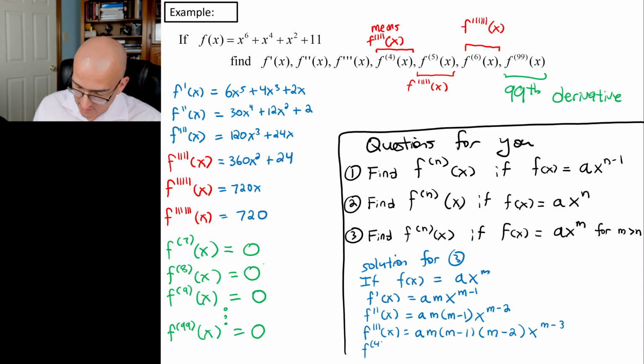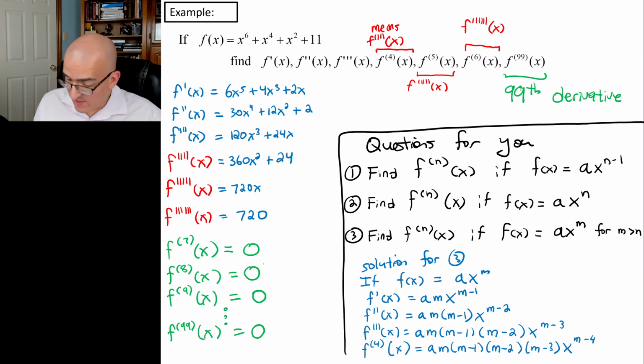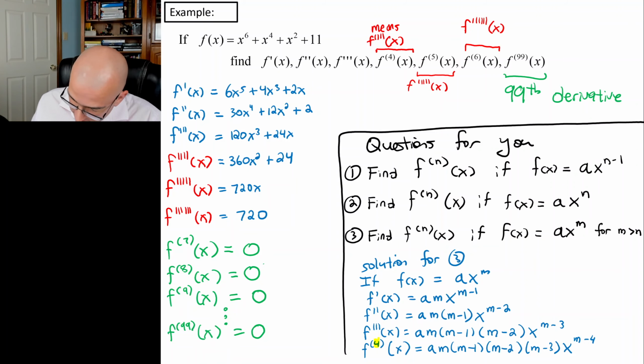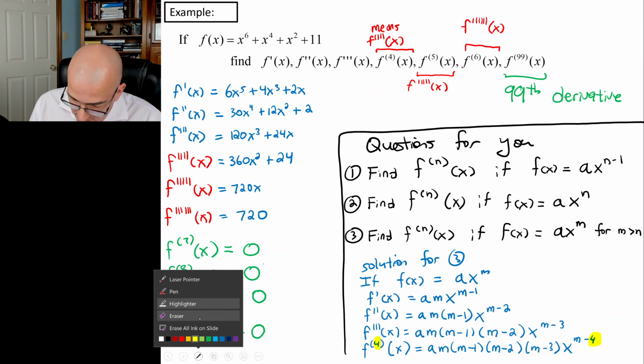Put a 4 here. A times m minus 1 times m minus 2 times m minus 3 times x to the power of m minus 4. What's going to happen if you change this number here? You'll change that number there, and you'll change how many pieces there are.